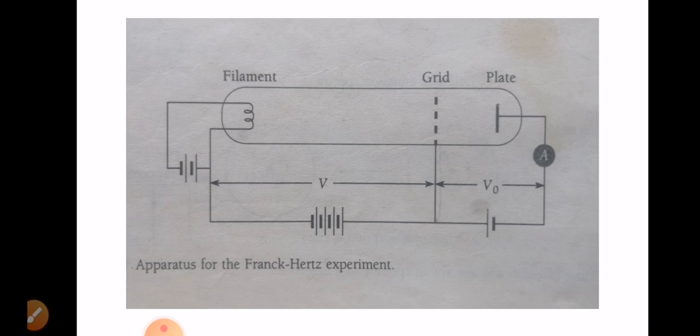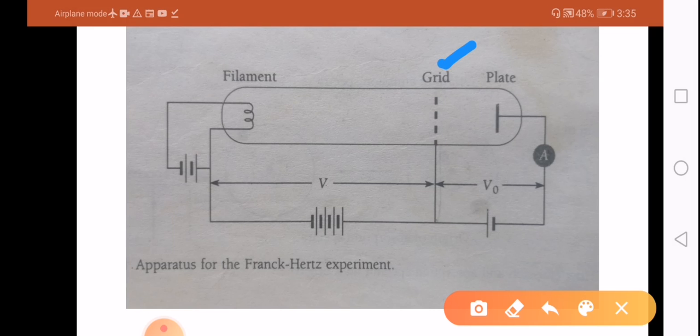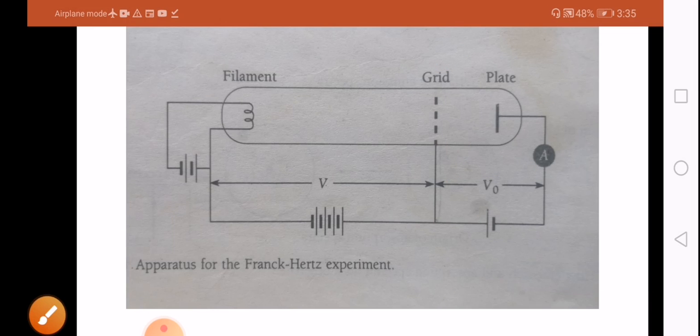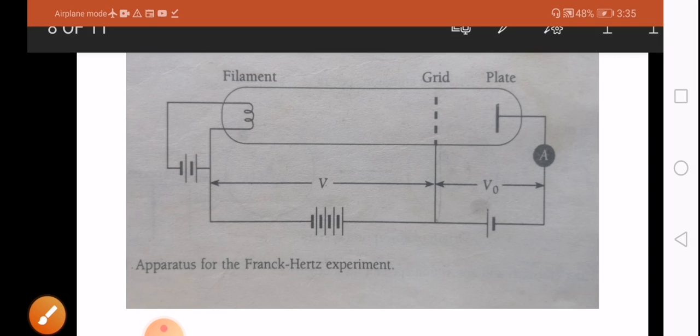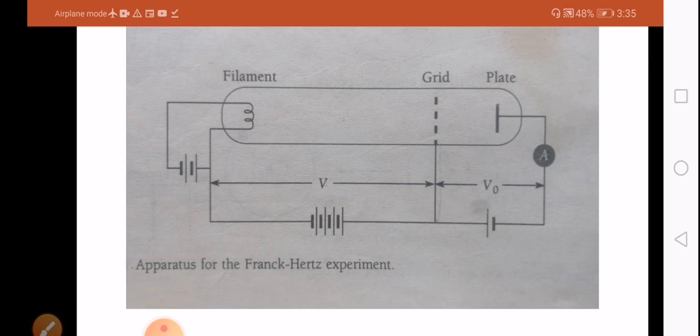In this experimental setup, you can clearly see a grid and a collecting plate, and in between them there is a small potential V0. This small potential prevents the electrons having energies less than a certain minimum from contributing to the current through the ammeter.